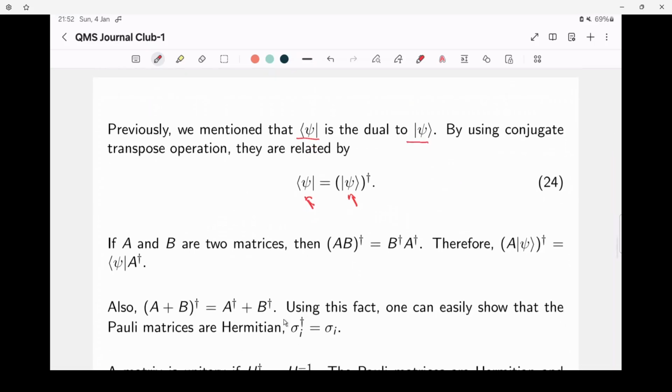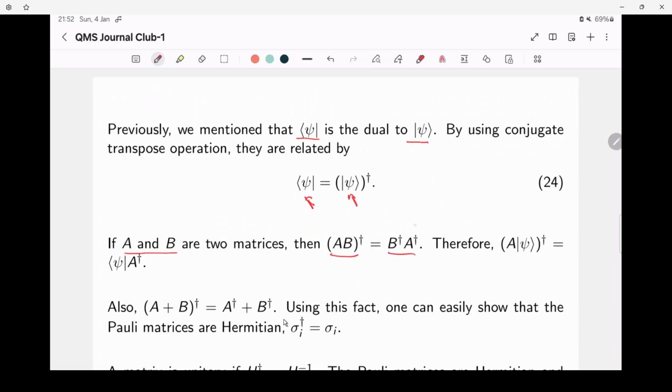One property of conjugate transpose is that if you have two matrices A and B, when you multiply them together and take the dagger, it becomes the reverse order: B dagger, A dagger.